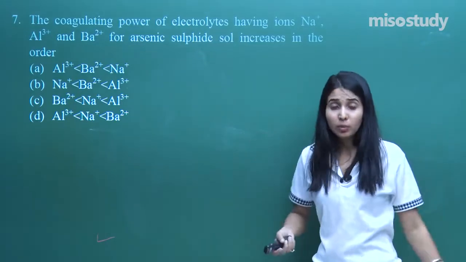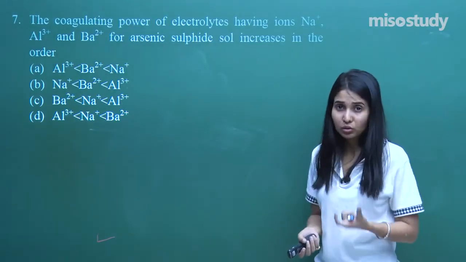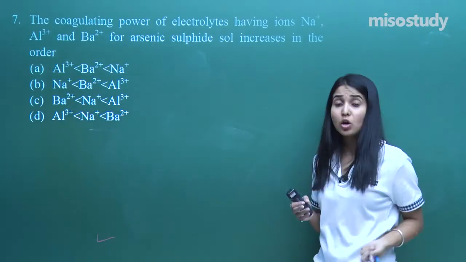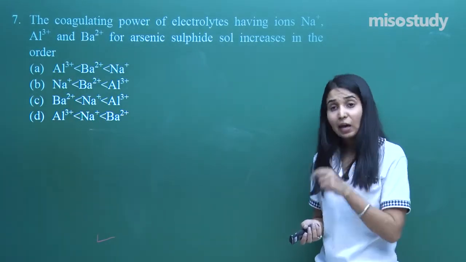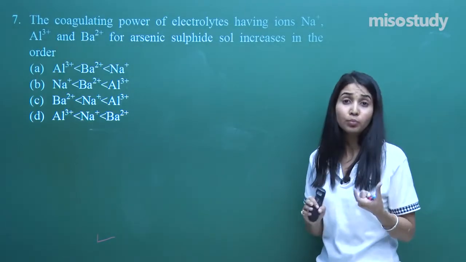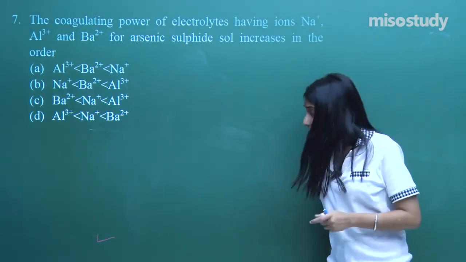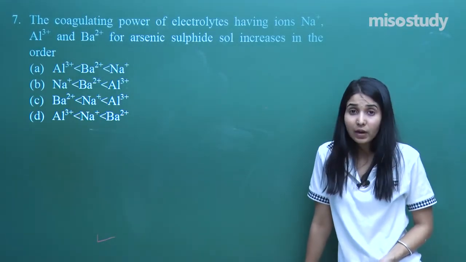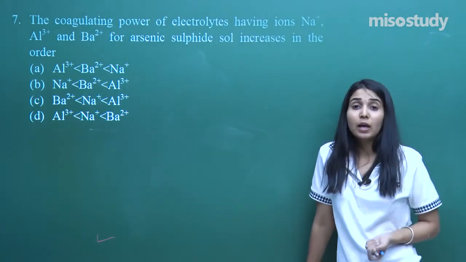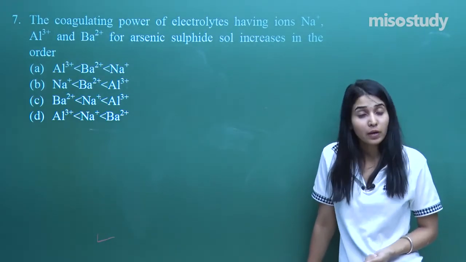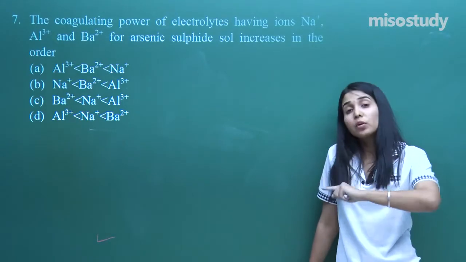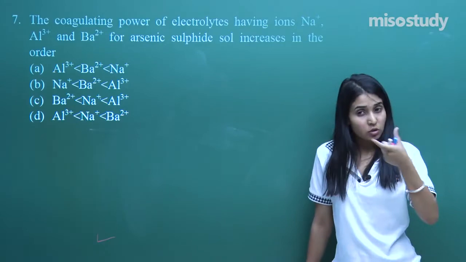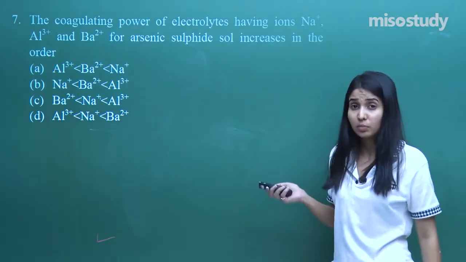So if they ask you a Hardy-Schulze rule question, you simply see the charge which is opposite to my system, and after that I see the maximum positive or negative charge. Now, had it been a positive sol, if instead of arsenic sulfide I had taken something else, say sodium chloride, then I would have to compare the charges of the negative ions. So the maximum negative charge gives the maximum coagulation power, right?